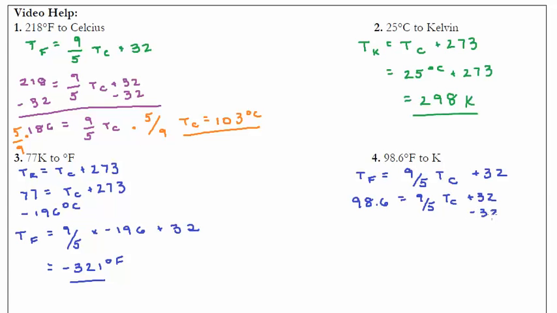Subtract 32 from both sides. What I end up getting is 66.6 equals 9/5 times Tc. And so what I'm going to do is multiply by 5, divide by 9, and I end up getting 37 degrees Celsius.